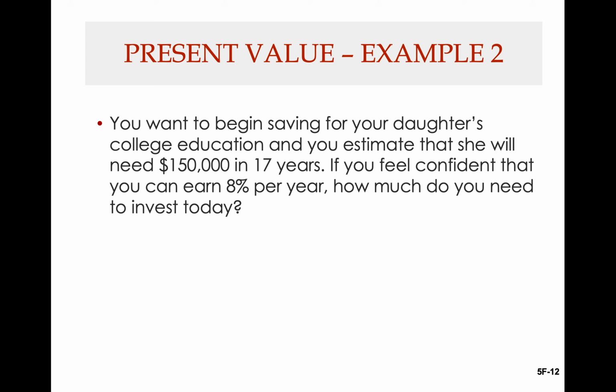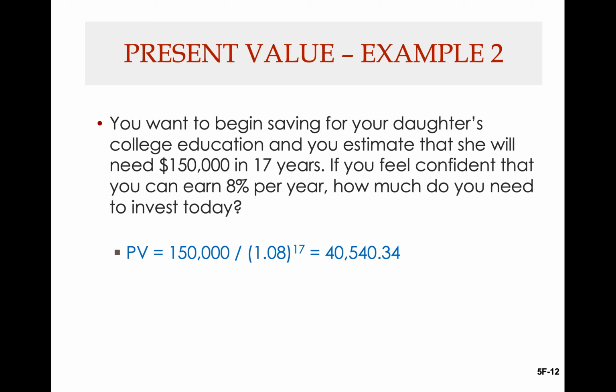Let's look at an example. You want to begin saving for your daughter's college education, and you estimate that she will need $150,000 in 17 years. If you feel confident that you can earn 8% per year, how much do you need to invest today? Again, using our simple formula, we can find it, and it will equal $40,540.34.